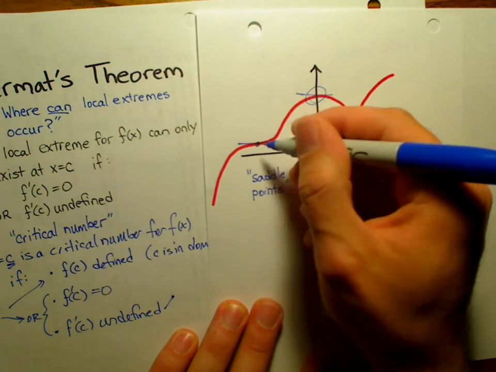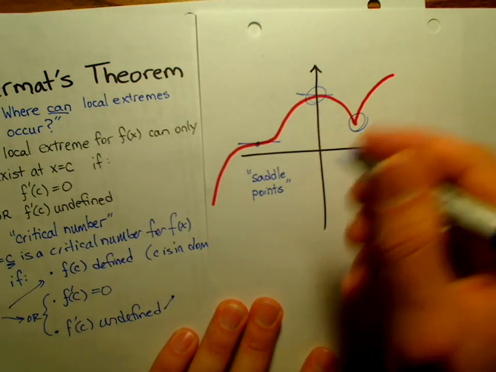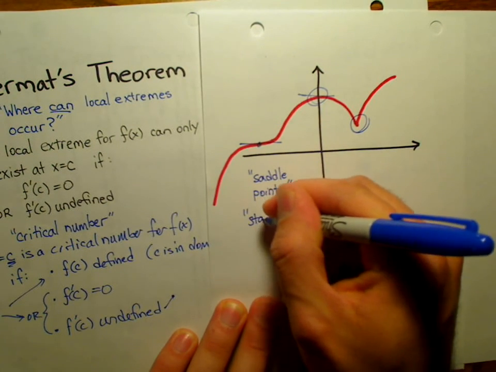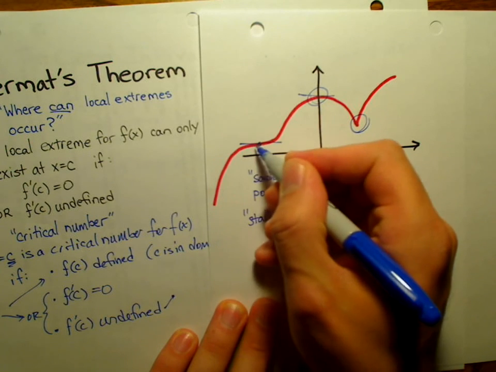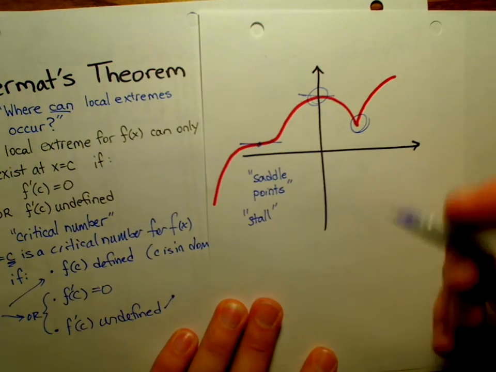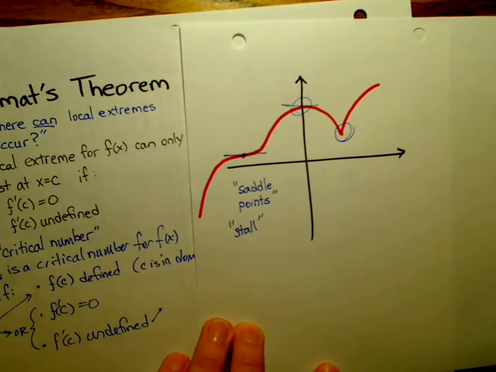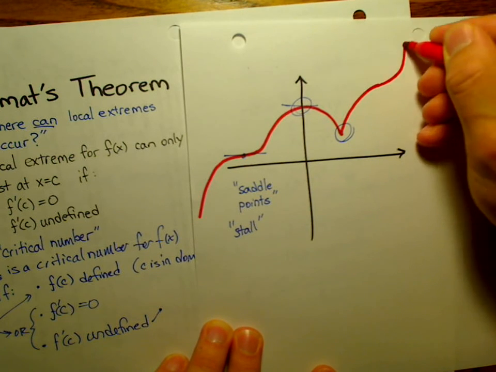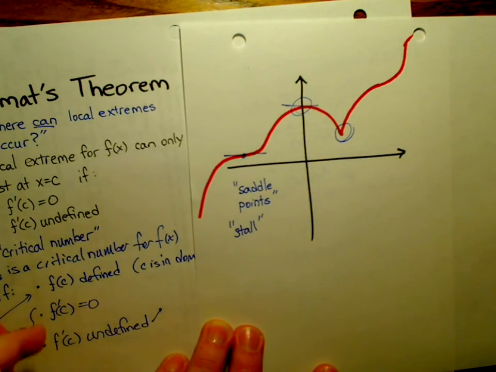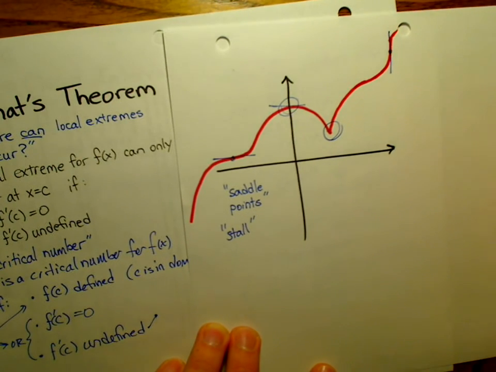But it is entirely possible that you have a 0 derivative that is not a maximum or minimum. You can also sometimes call this a stall. Like things stall out. The rise happens, pauses, and then keeps going. A stall or a pause. And I guess there's one last instance of what might happen. You could have a vertical tangent line. And in that case, you have the derivative as undefined, but that's not a maximum.